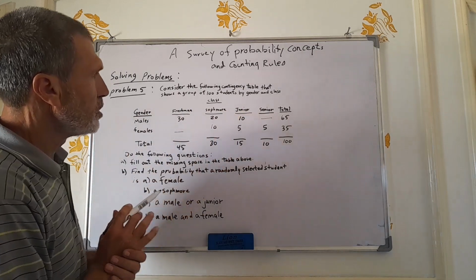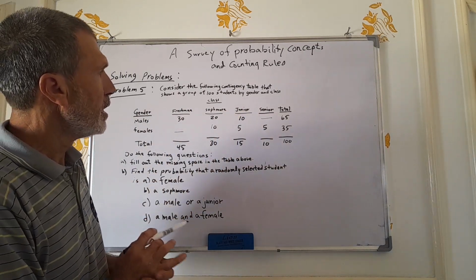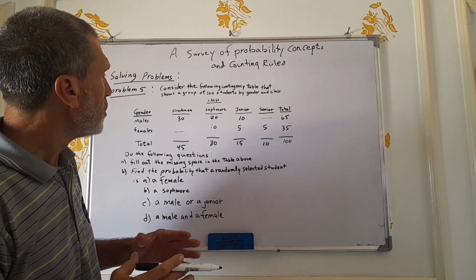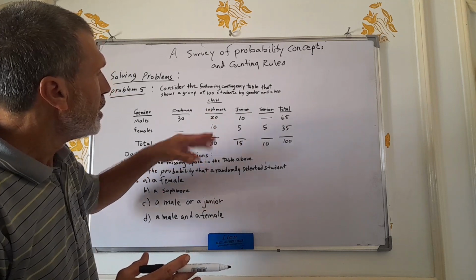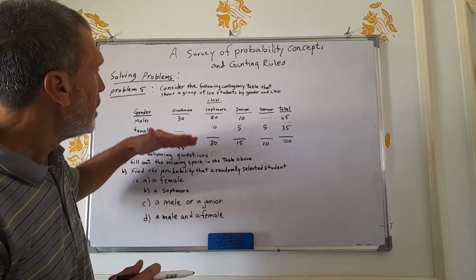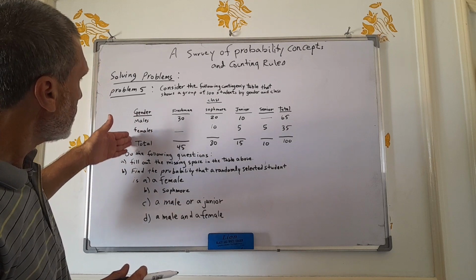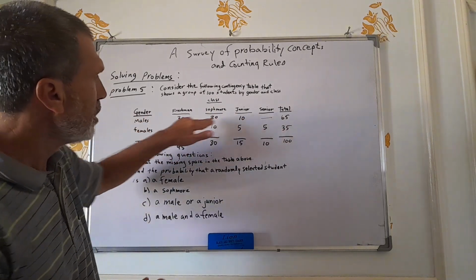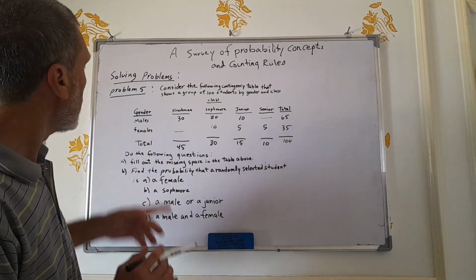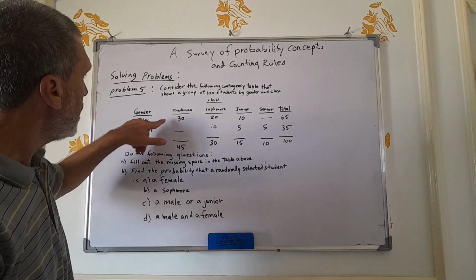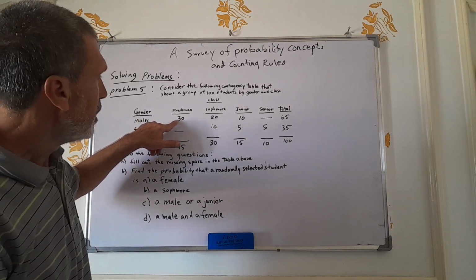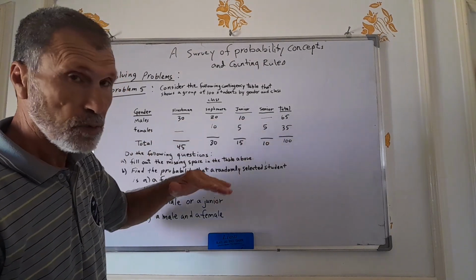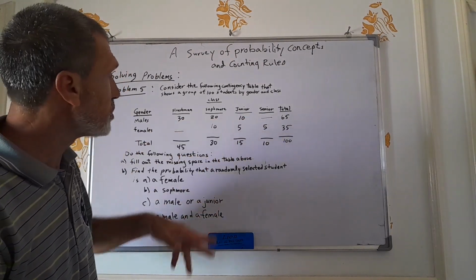This contingency table is a catalog that cross-tabulates the observations, the gender along the column, and the class along the row. As you can see, for the males, we have 30 freshmen, 20 sophomores, 10 juniors, and nothing in senior. So we have to fill out those spaces.